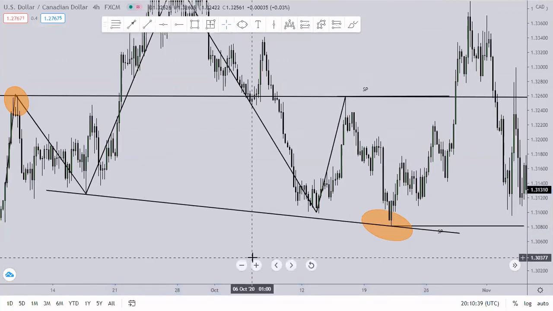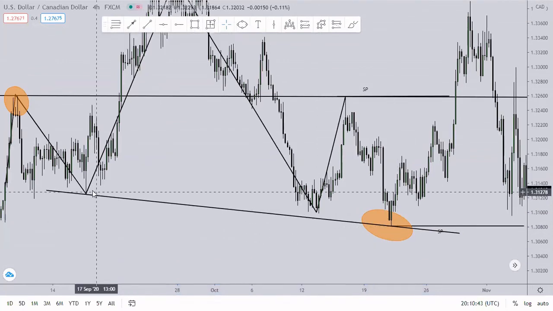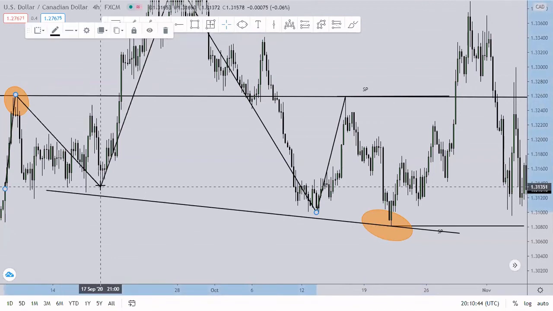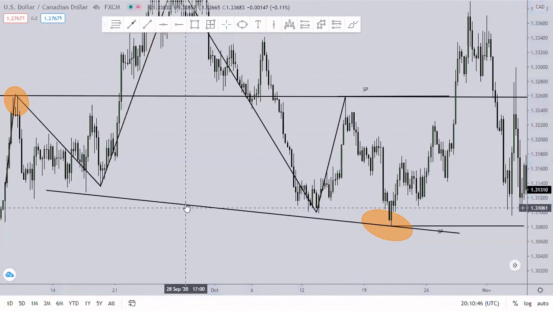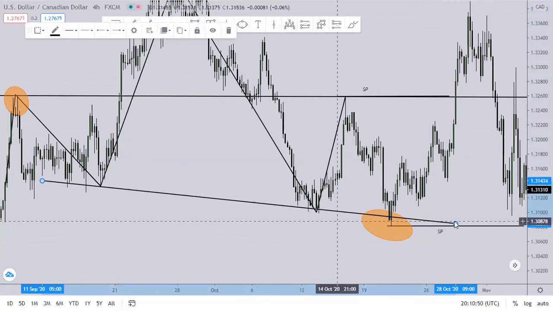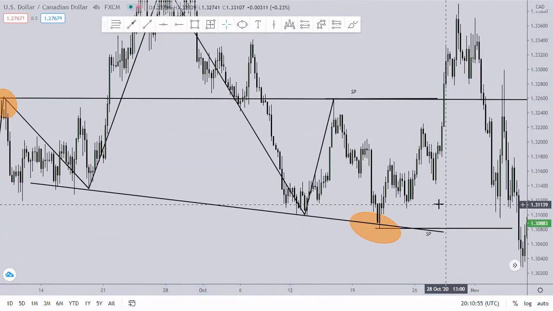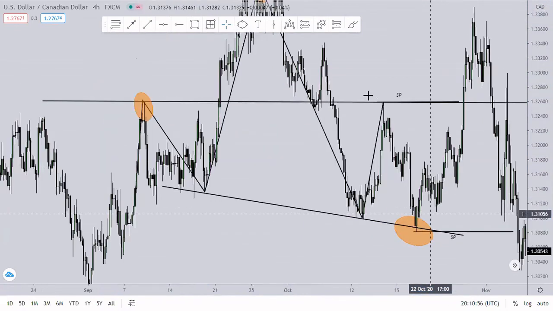So look at the accuracy. No, but it's supposed to touch here a little. Okay, this is it actually. Like this. Exactly. This is exactly what I'm talking about. See, so this should have been where you'd be selling from.